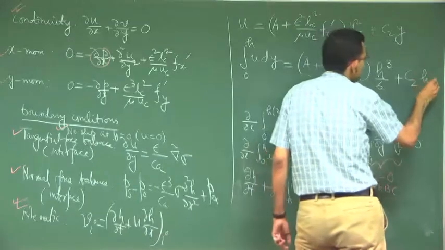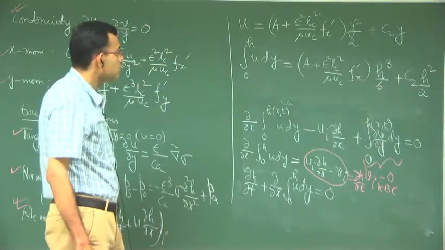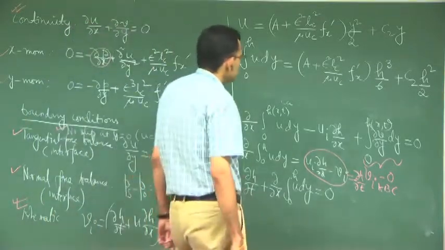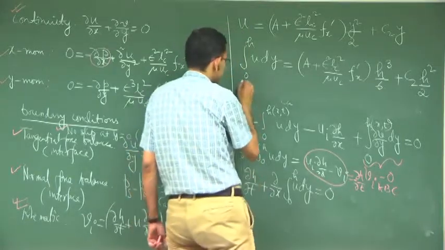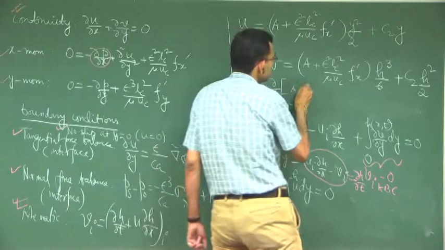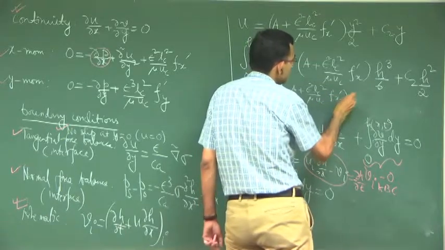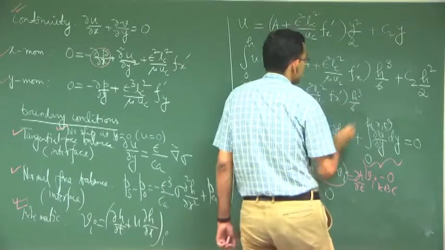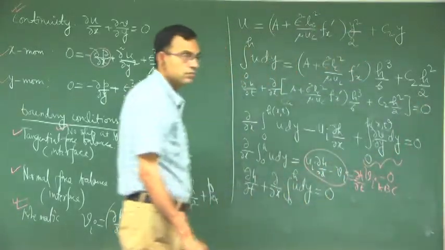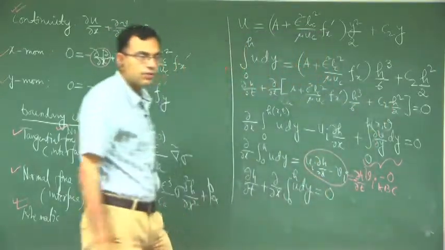This will be h square by 2. So, the governing equation boils down to the following, where again A and C2 are themselves functions of x and t.